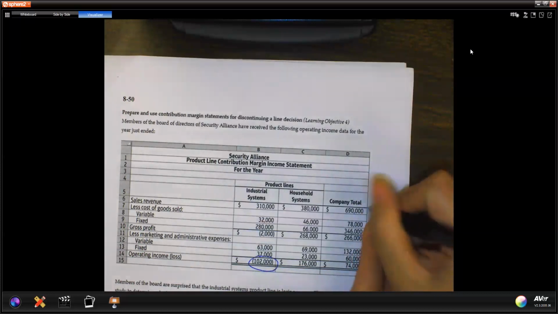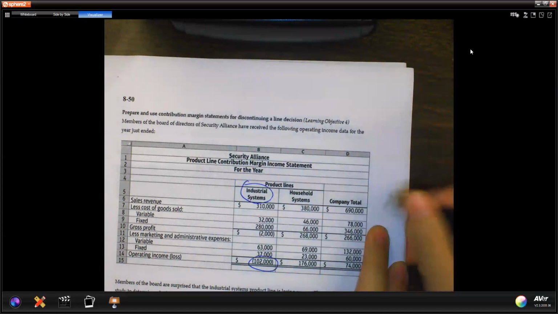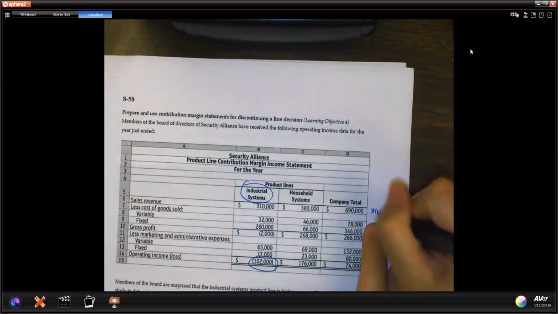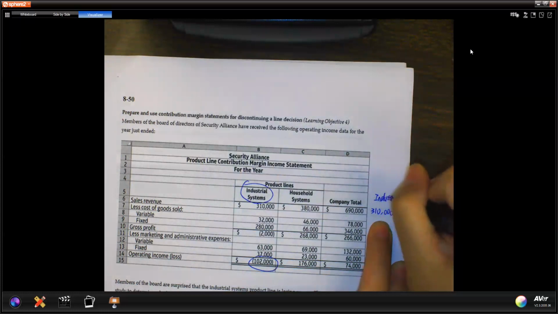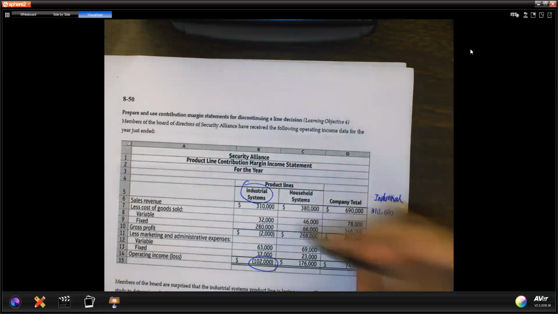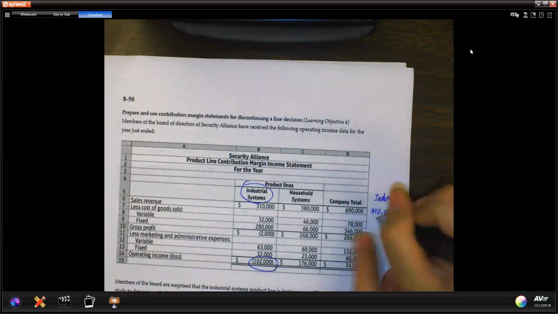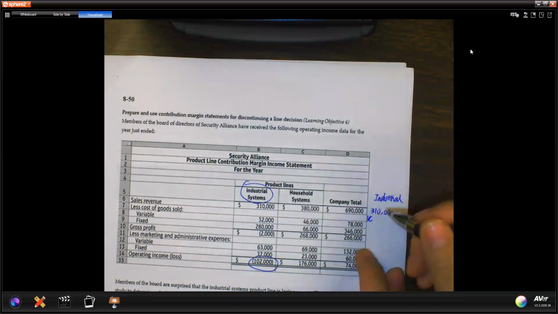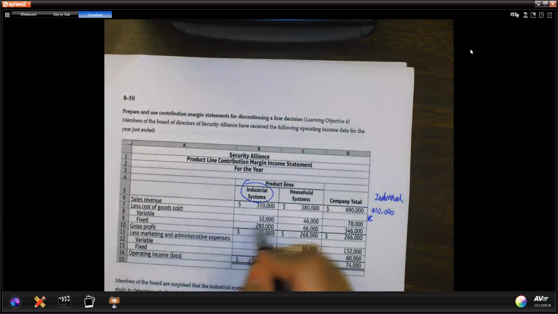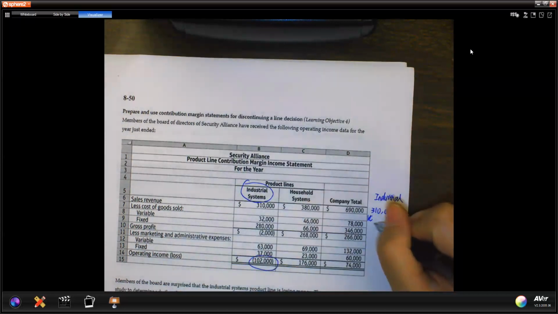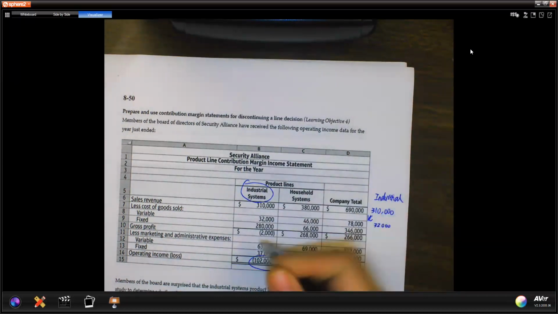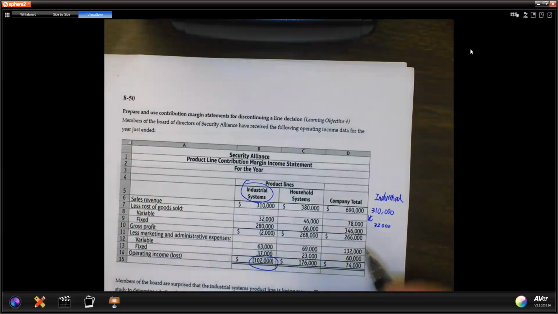So sales revenue, we do the industrial line. It's still 310,000, that's your revenue. Then we subtract variable cost. We first subtract the variable manufacturing cost, 32,000. Then we move our marketing, right? We have this variable cost, 63,000.